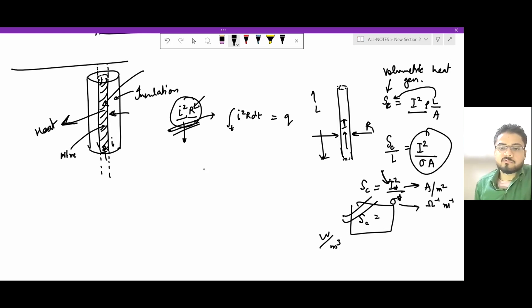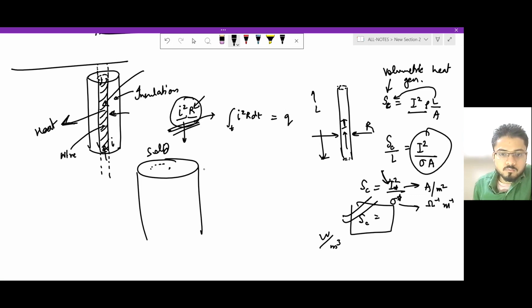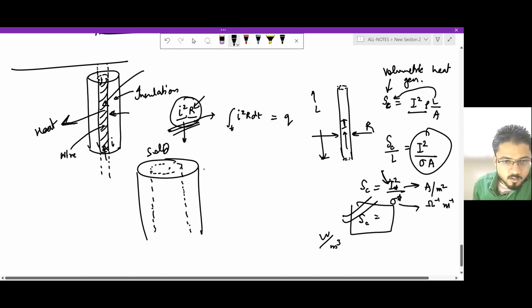Okay. So now we want to perform an energy balance in this entire wire. For example, this is the wire. This is a solid, the entire thing is solid. And from the center, we take an element like this, of a thickness.